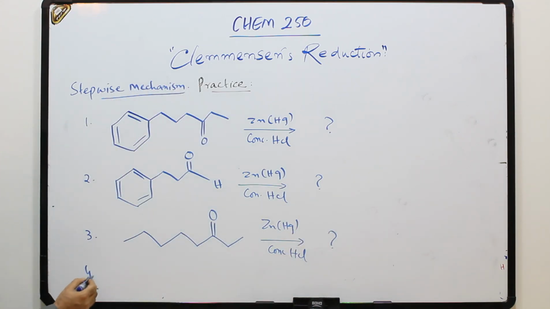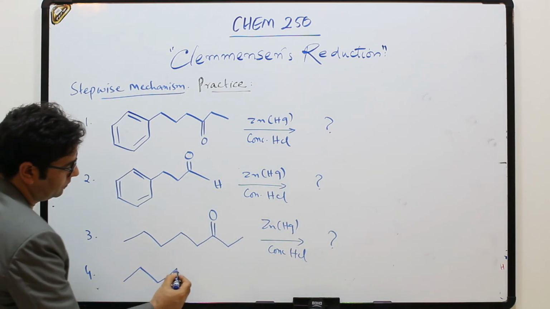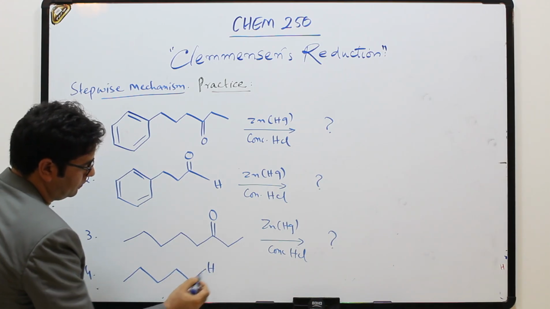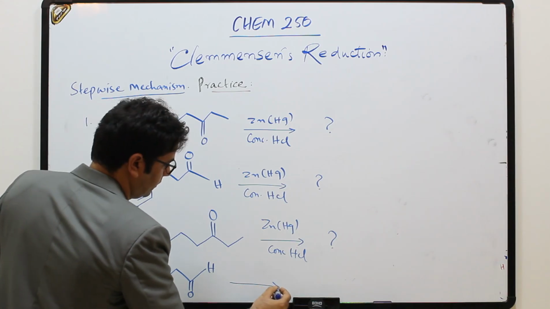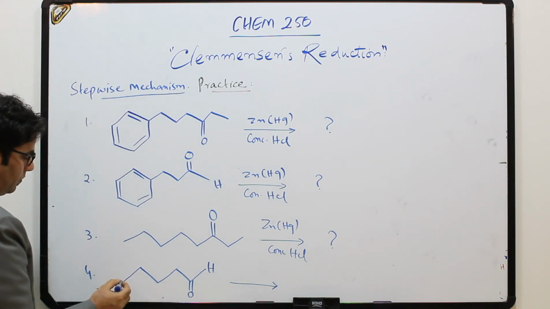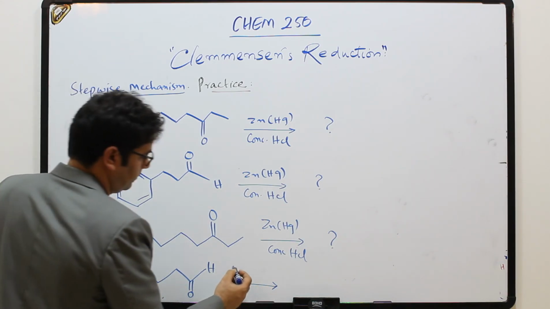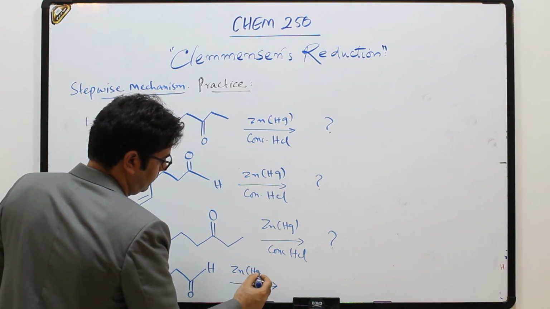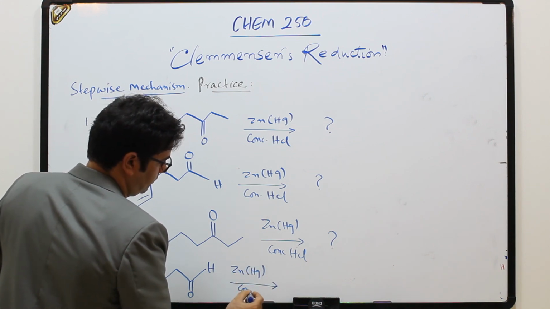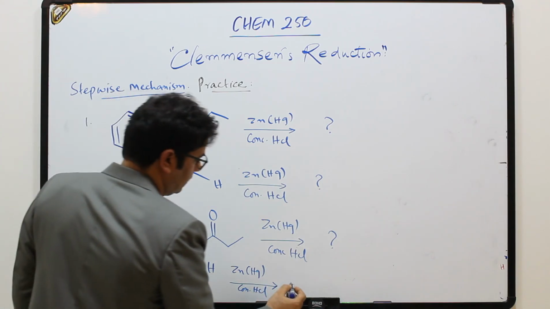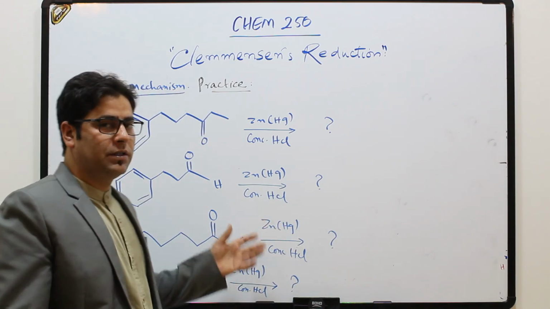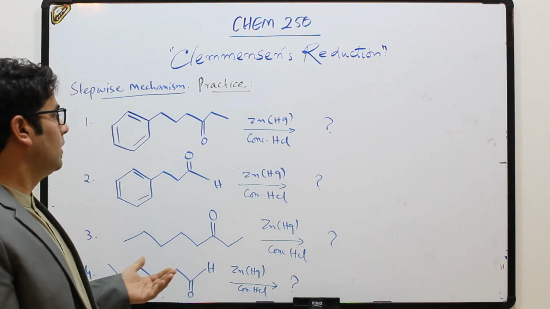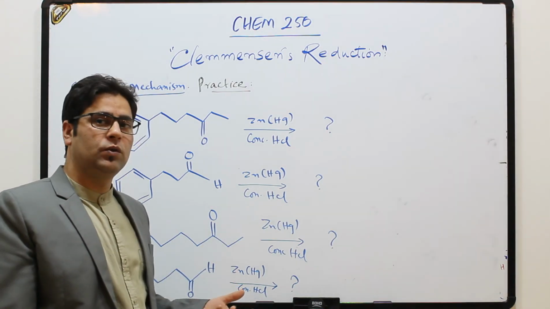Number 4, this is an aldehyde, 1, 2, 3, 4, 5, 6, HCl. So you have to give the stepwise mechanism of these reactions, then submit the feedback to me through the module.